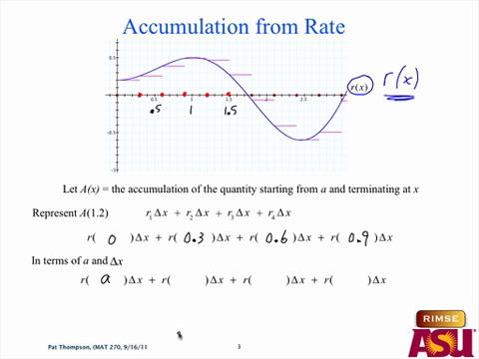Okay, if we're using left sides, the left side of the first interval will be our starting point. That'll be A. Okay, so now what would our R2 be? We need to go here, which is A plus delta x. And then for the third interval, R3, we're going to add 2.